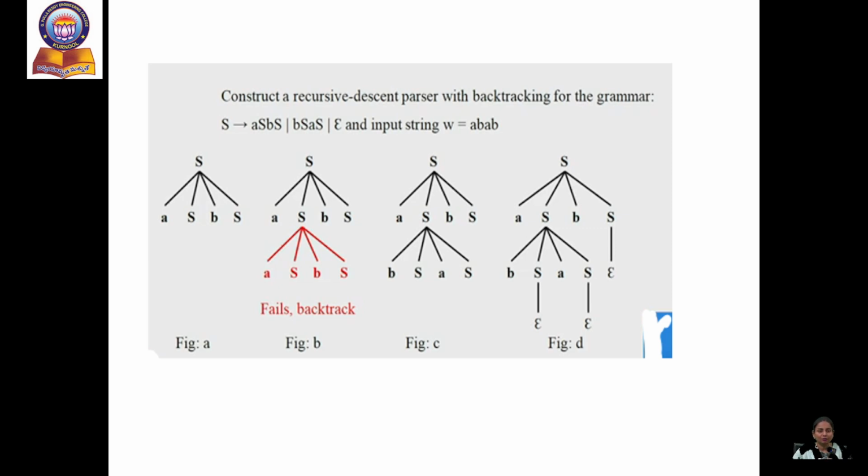Here I have given one more example for a clear understanding of the recursive descent parser using backtracking.